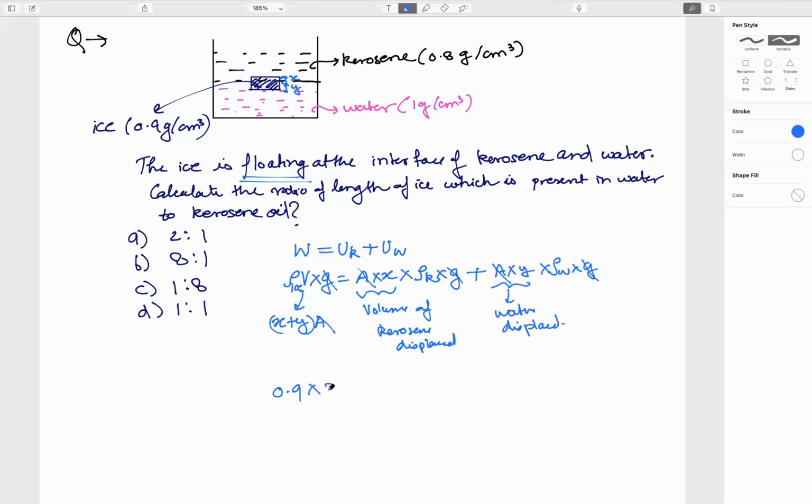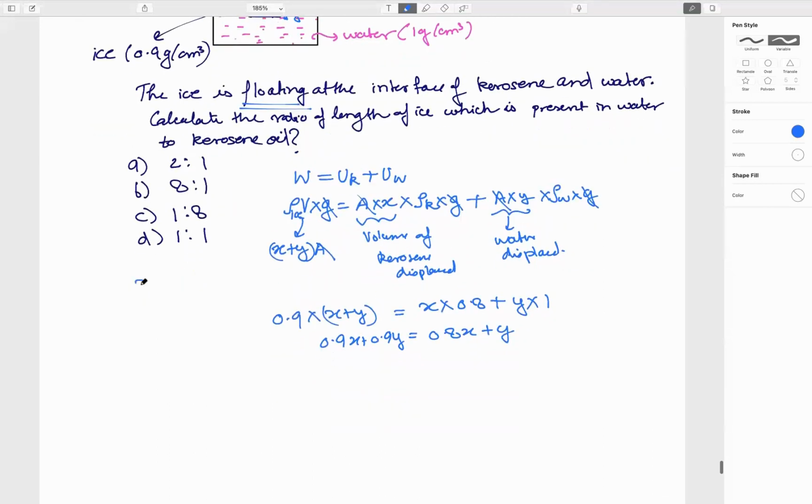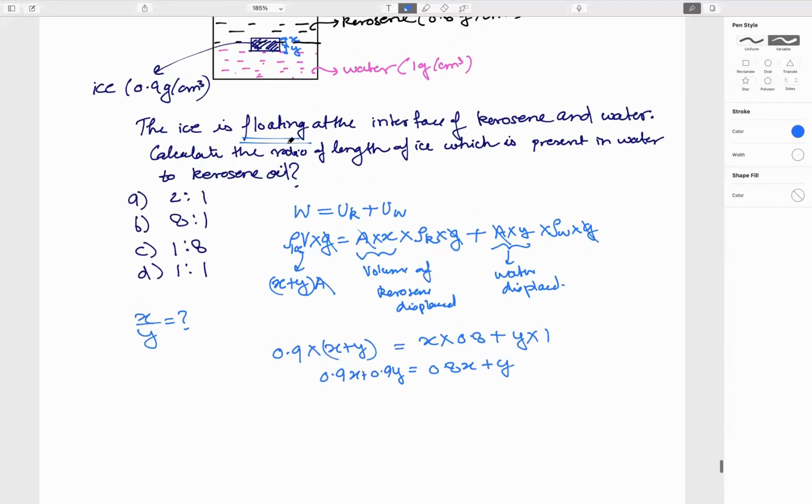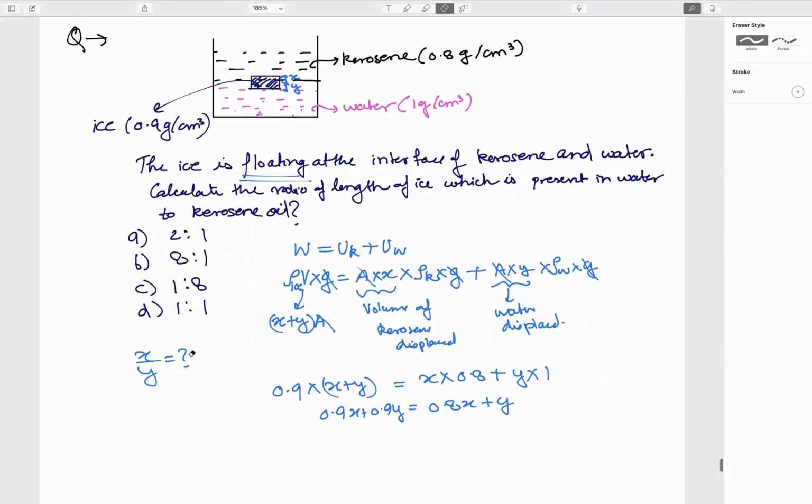So 0.9 into (X plus Y) equals X into rho K, that is 0.8, plus Y into 1 for water. What we need to calculate is the ratio of length of ice present in water to kerosene oil. Sorry, Y by X. We need to calculate Y by X.